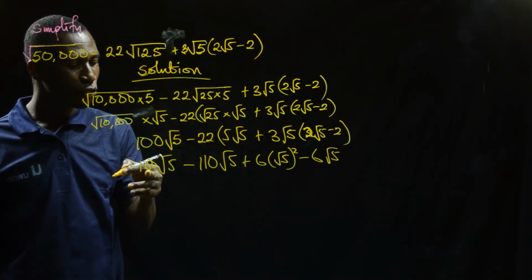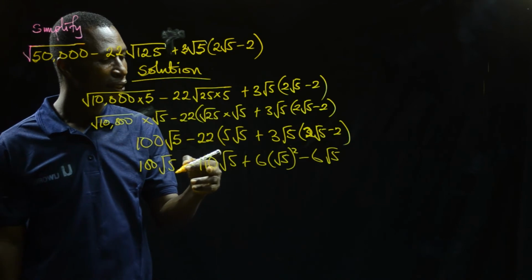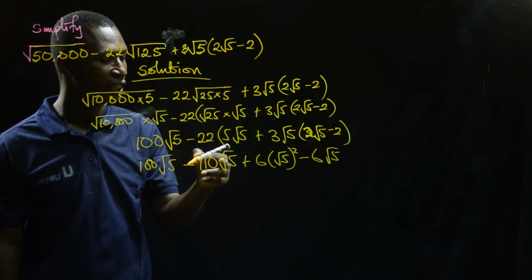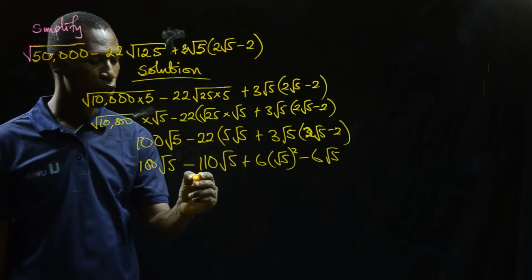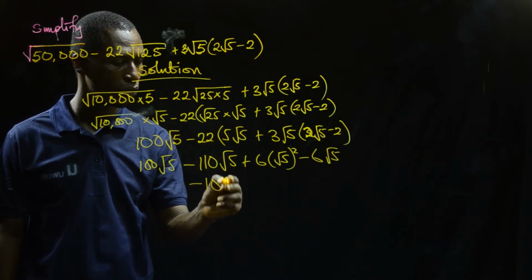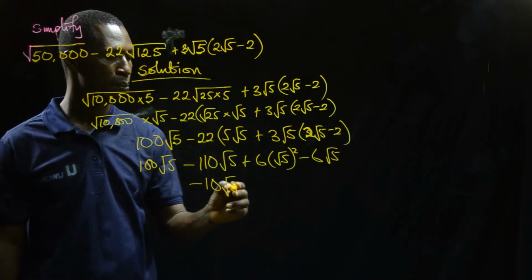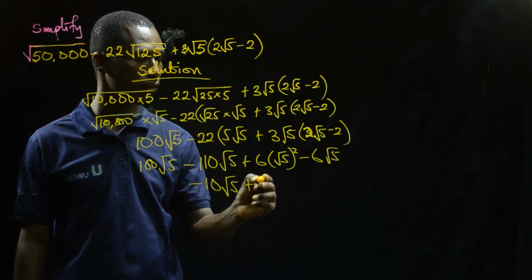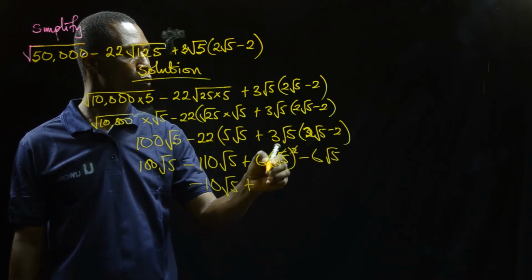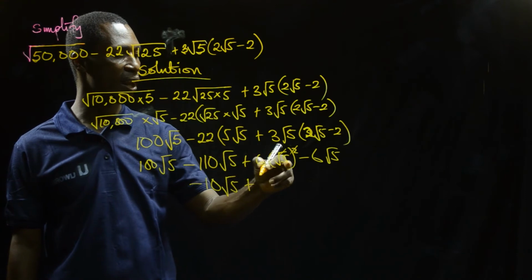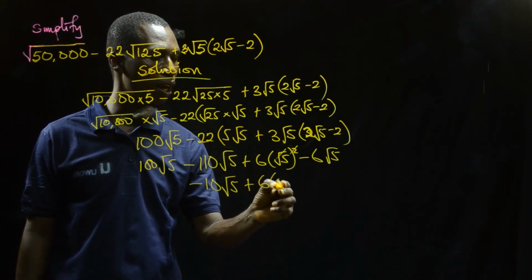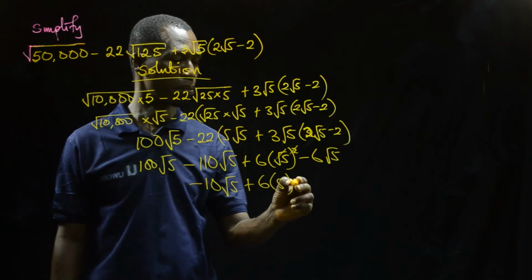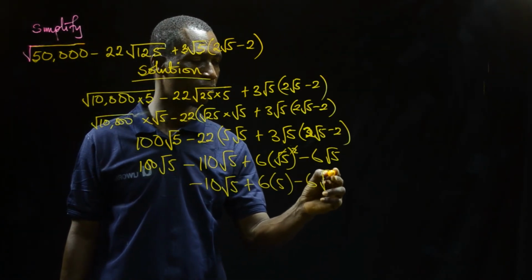This is 100 root 5 and negative 110 root 5. So this part will reduce, and I'm going to get negative 10 root 5 here, plus the power will blow the root sign away, leaving 6 and 5. So I'll have 6 and 5, good, minus 6 root 5.